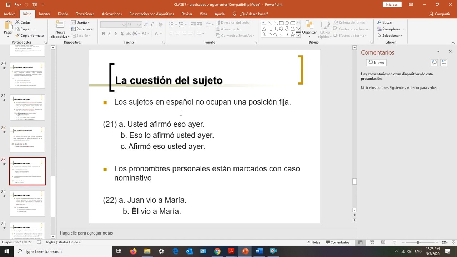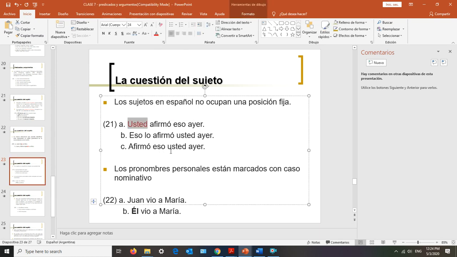Now, subjects in Spanish do not take up a fixed position, or not as fixed as in English. So we can have usted afirmó eso ayer, eso lo afirmó usted ayer, afirmó eso usted ayer. So we have usted in different positions in the sentences, illustrating the point that subjects in Spanish do not take up as fixed a position as in English.